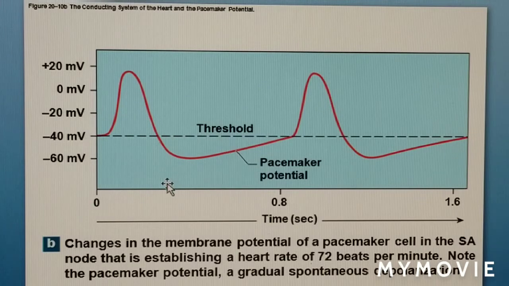And what we're seeing here are changes in the membrane potential of the pacemaker cells in the SA node that is establishing a heart rate of 72 beats per minute. Note the pacemaker potential, a gradual spontaneous depolarization. So what we have here is millivolts versus time on our scale.